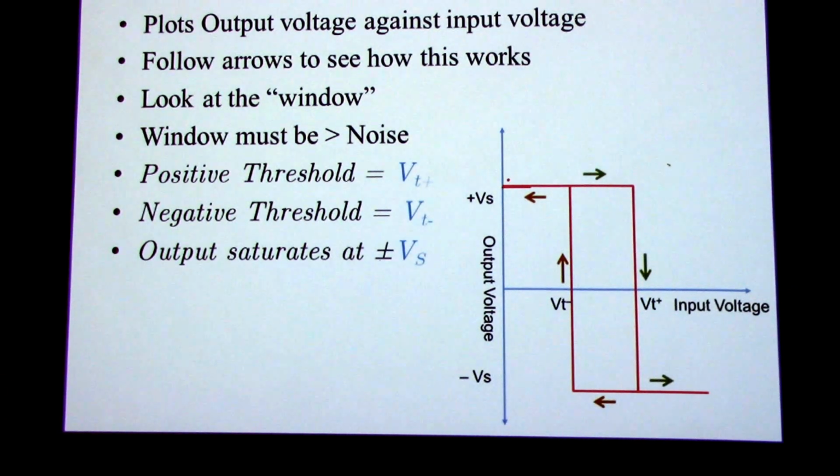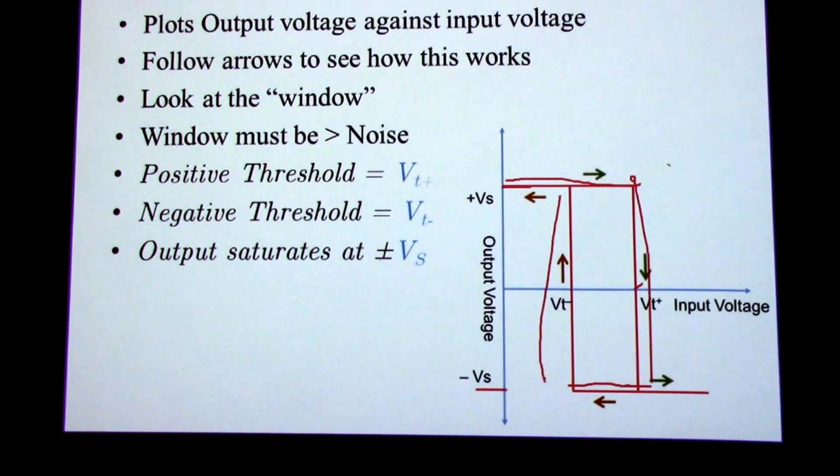You keep going, and when you have reached that positive threshold, here you go low, I mean the minus Vs. And if you drop back lower than Vt plus, you don't switch high. You keep waiting, and when you reach that Vt minus negative threshold, then you go high. So this is the hysteresis loop.